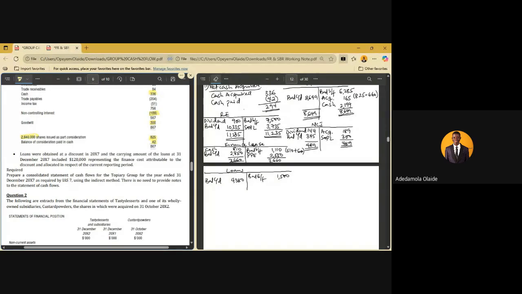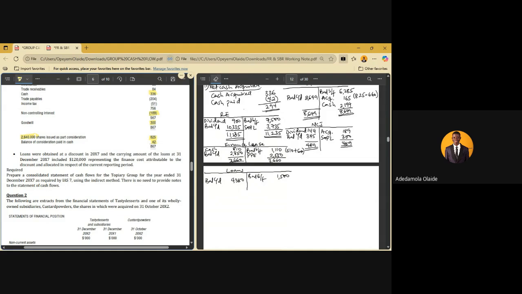The finance cost attributable to the discount should go to the finance cost account, not be included in the loan balance.